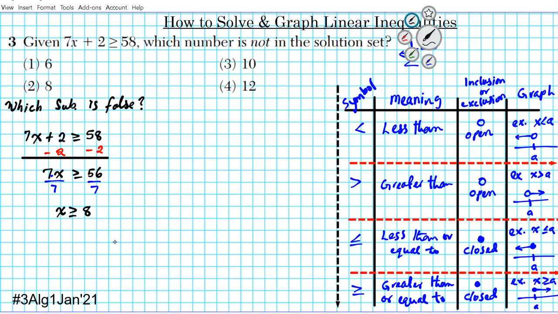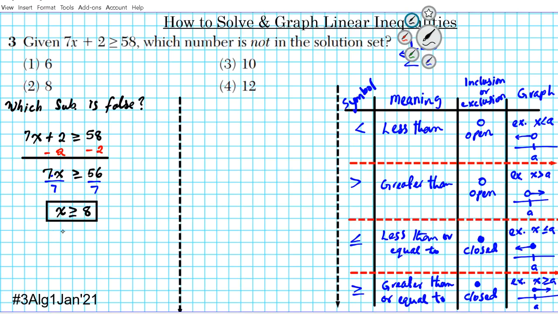So what does this answer mean? This is a solution in symbolic form. It basically means that any number that is 8 or greater, any real number that's 8 or greater, is in the solution set. So let's go ahead and write that down.